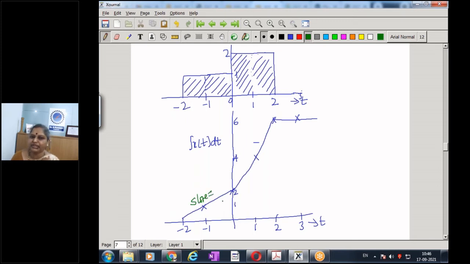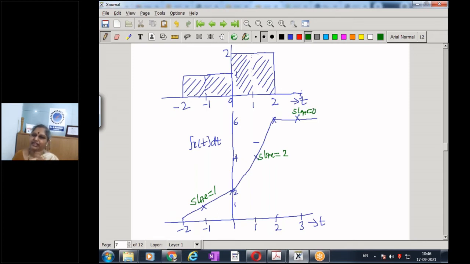How much is the slope in this interval? Height of 2, width of 2. Slope is 1. How about here? Width of 2, height is 4. So slope is 2. Of course, this is constant. In the third, slope is 0.